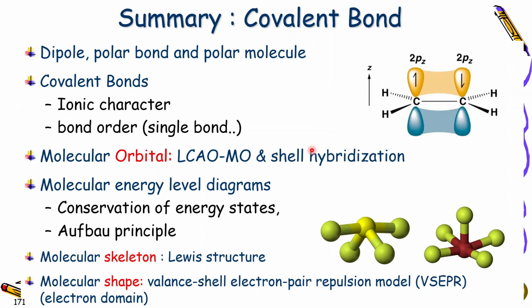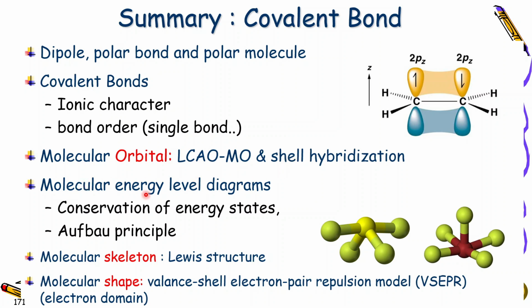So for the covalent bond, I hope you learned dipole, polar bond, and polar molecules through the Kahoot today and the lecture on Wednesday. And for covalent bonds, you have ionic character and you have bond order. Please remember this. For the molecular orbitals, you follow LCAO-MO, and you also need to know hybridization.